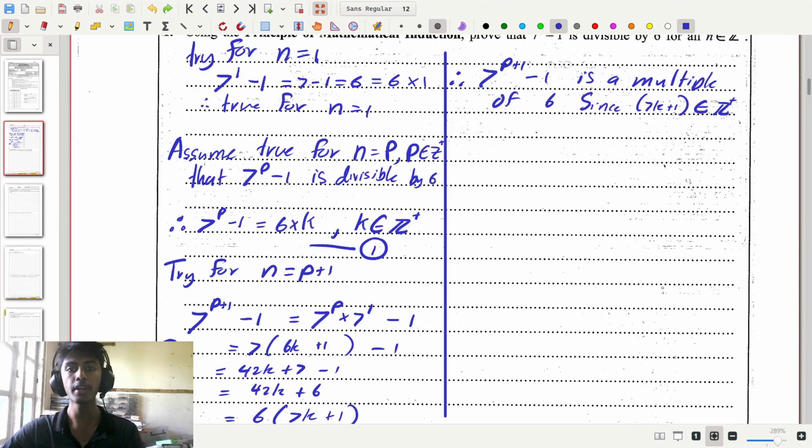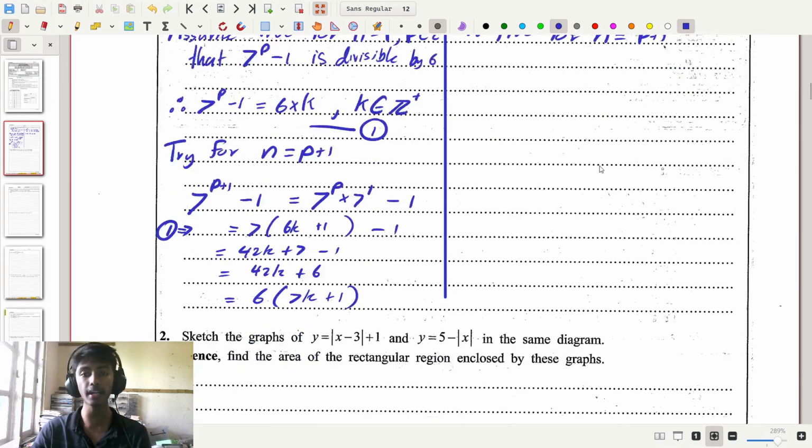All we have to do now is to say therefore true for n equals p plus 1, and with that we can finally write the sentence that we write for every single induction proof.